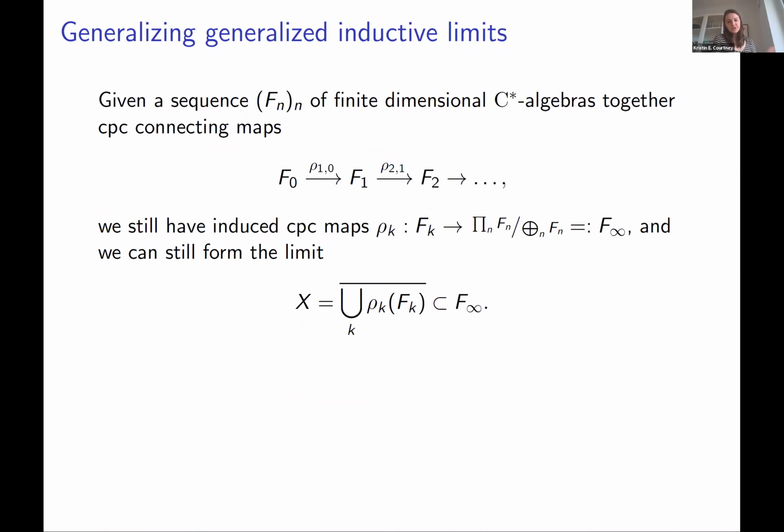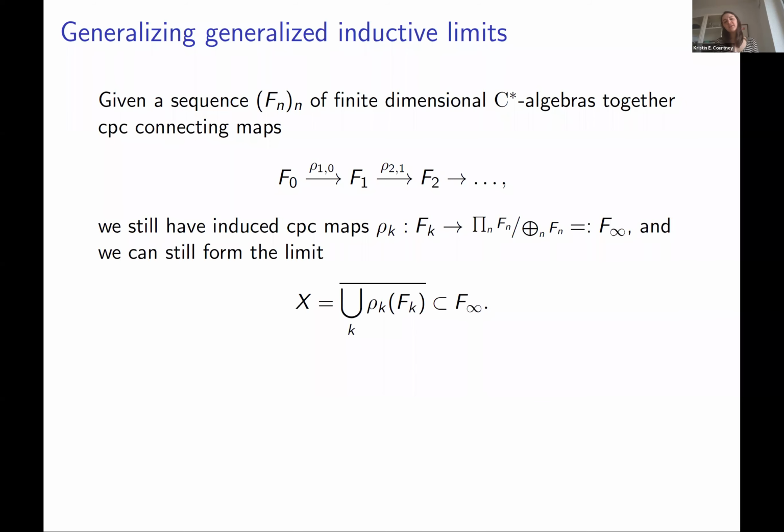So first of all, when one wants to generalize this notion of NF algebras, a lot of the machinery goes through just the same. If we have a sequence of finite dimensional C-star algebras with CPC connecting maps, we still have induced CPC maps from each of the finite dimensional C-star algebras to the quotient, which, since it's going to make a few more appearances, I'm going to write as F sub infinity, to stand for the quotient of the product mod sum of the F_n's.